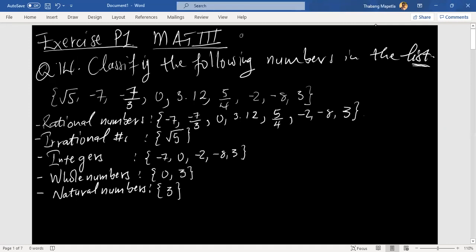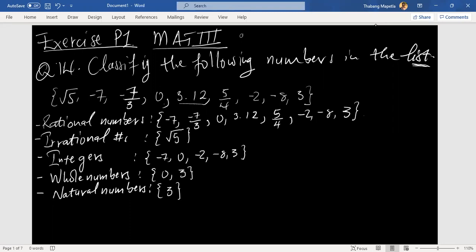We have root 5, -7, -7 over 3, 0, 3.21, 5 over 4, then -2, -8, and 3. So rational numbers, remember that rational numbers are all numbers except irrational. So all fractions, all whole numbers, all integers, whatever, they are rational because they can be written in the form of a fraction.